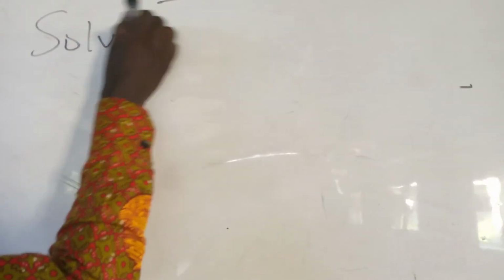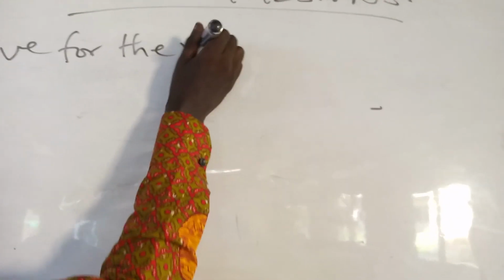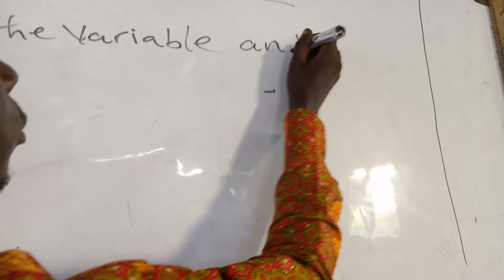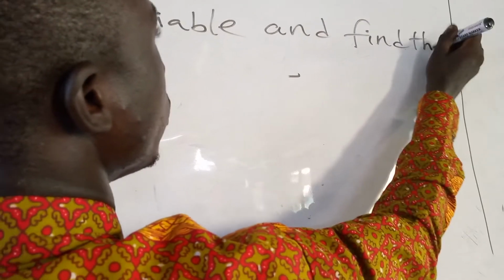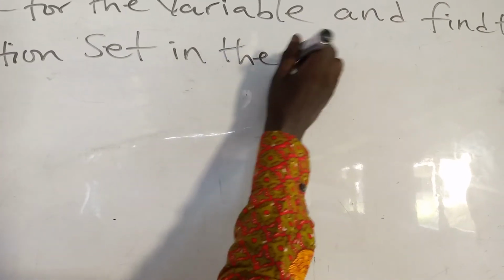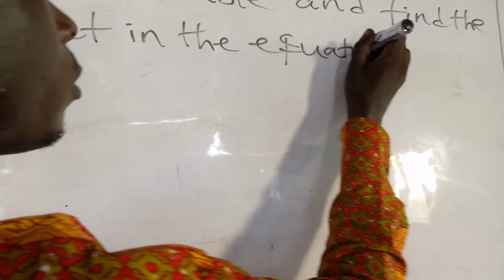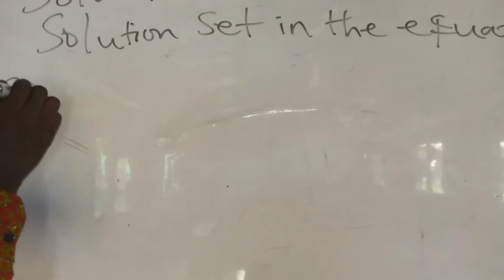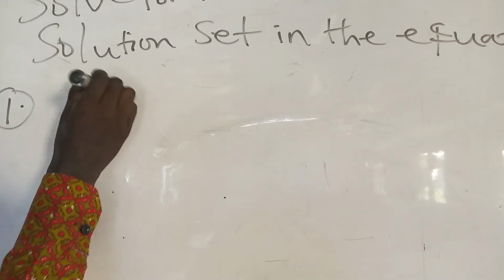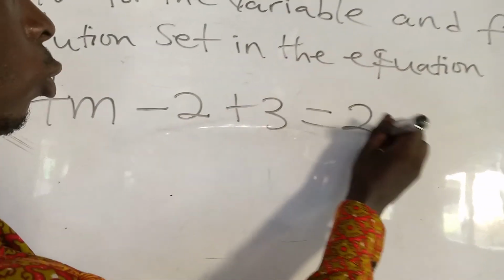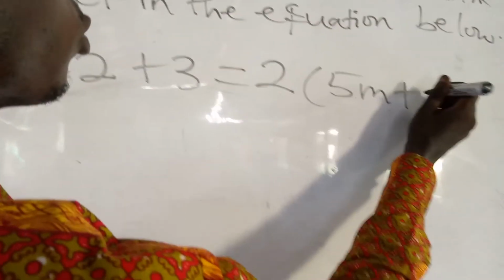Solve for the variable and find the solution sets in the equation below. 1. 4m minus 2 plus 3 is equal to 2 bracket 5m plus 3.